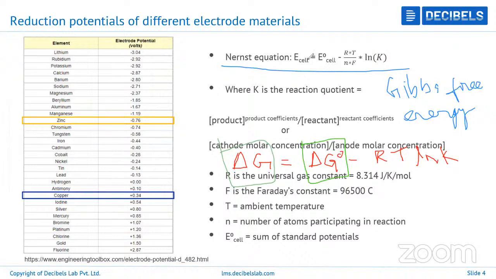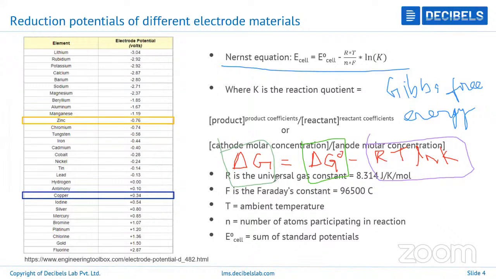RT is the product of the universal gas constant and the ambient temperature T, and ln is the natural log of something called the reaction quotient, K. I will explain exactly what the reaction quotient is.